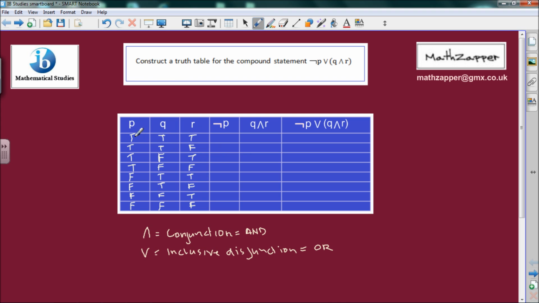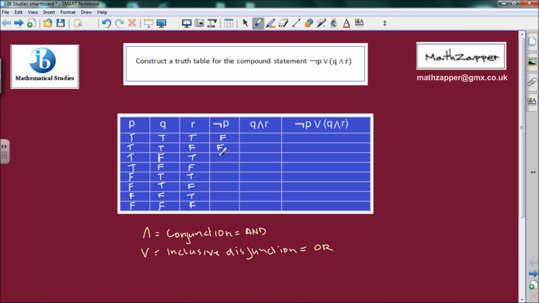Now, if P is true, then the negation of P has to be false. So for this column we look at what is said about P and simply write the opposite. In the first four rows P is true, so the negation of P must be false.